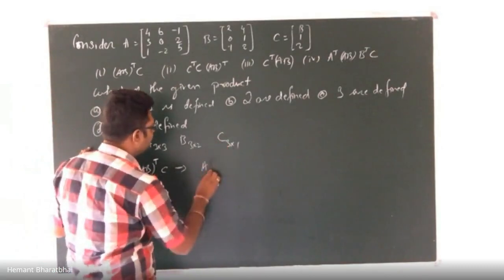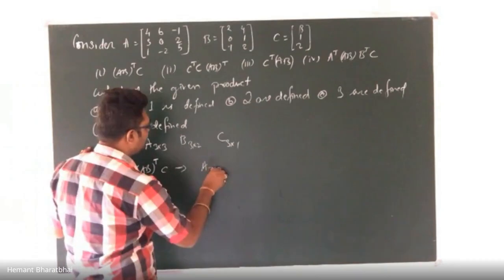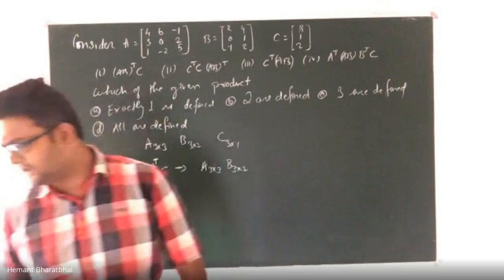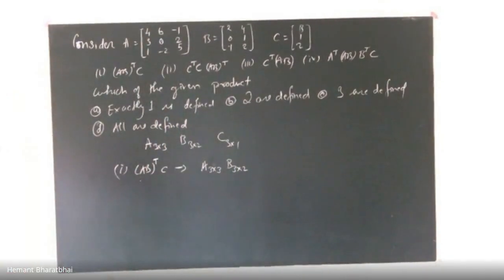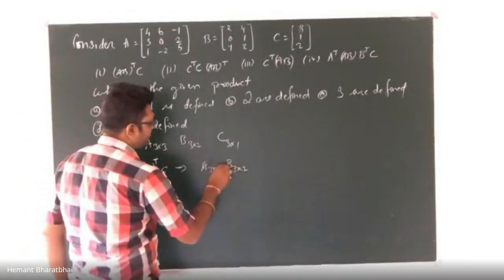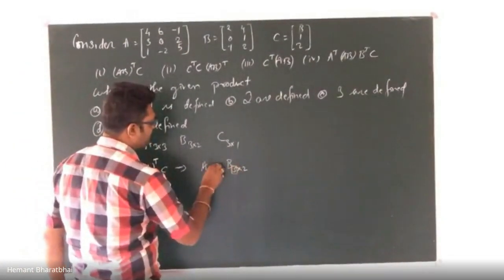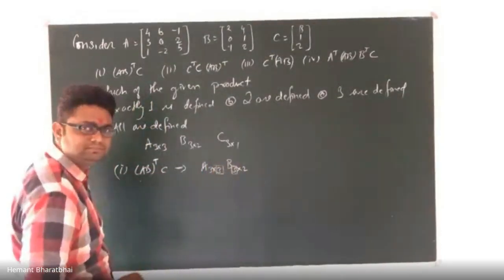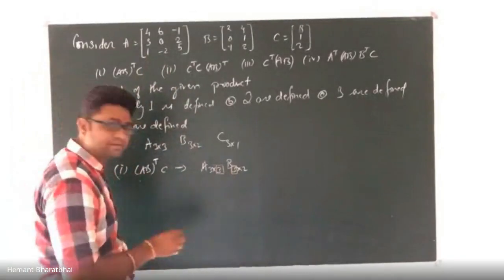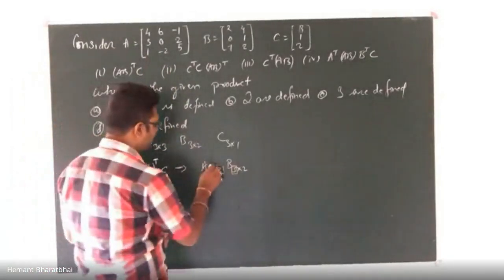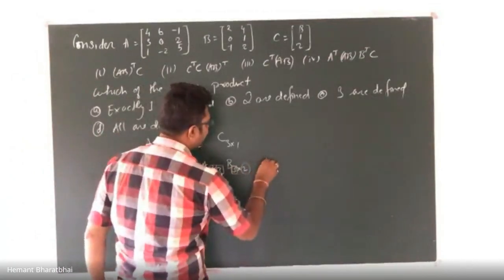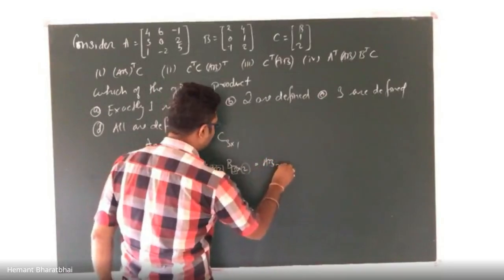A is of order 3 by 3 and B is of order 3 by 2. Remember, multiplication is defined if the number of columns of the first matrix is equal to the number of rows of the second. It is defined. And the order of the product AB will be 3 by 2.